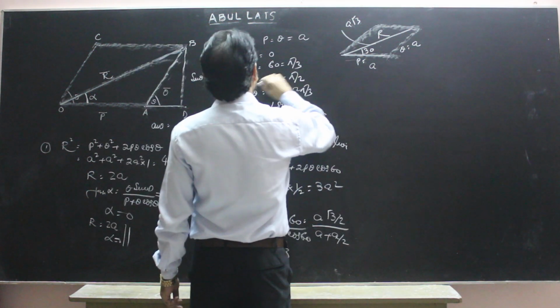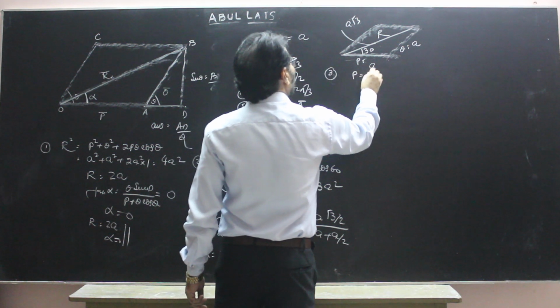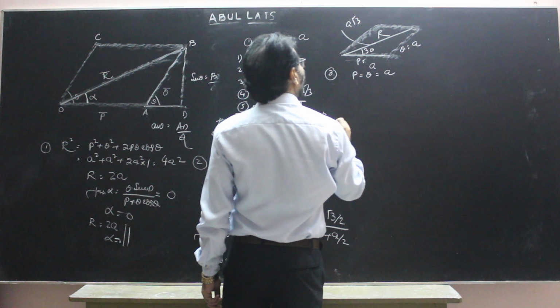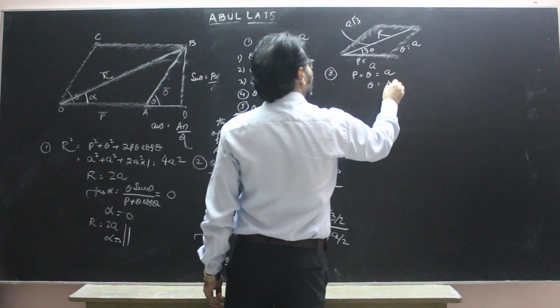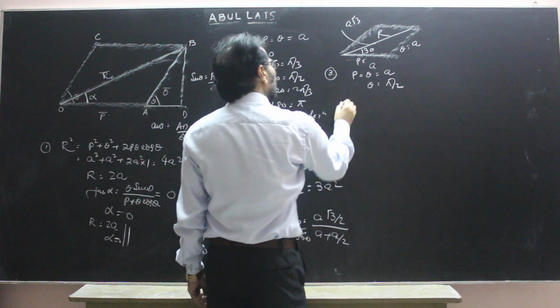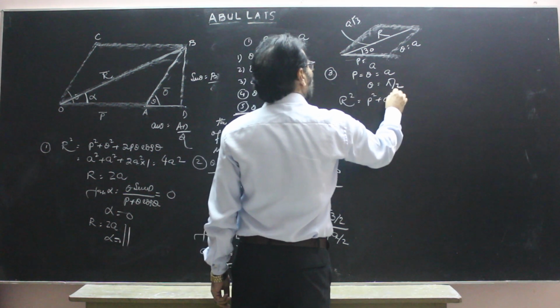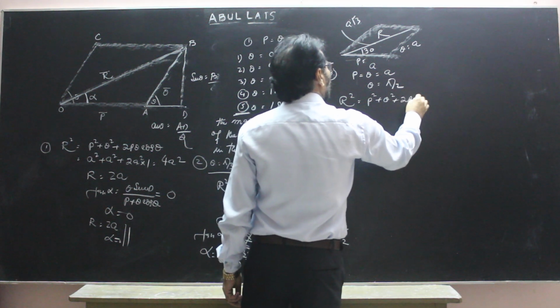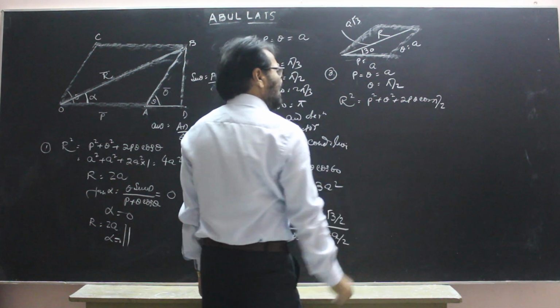Now our third condition is when P is equal to Q is equal to A and theta is 90 degree. So now R square is P square plus Q square plus 2PQ cos 90, and cos 90 is 0.